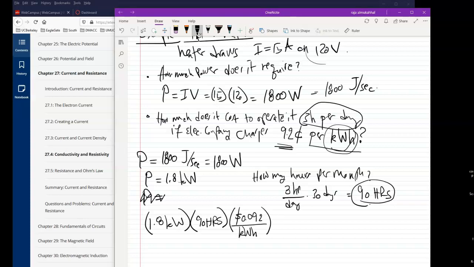Does that make sense? That's the total cost that I'm going to be paying for this heater. So we use the calculator. Basically the kilowatt will cancel out, hours and hours will cancel out, and you're left with money. So 1.8 times 0.092 times 90, and when you calculate that, it turns out that it is $15.